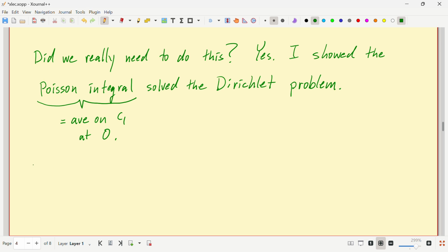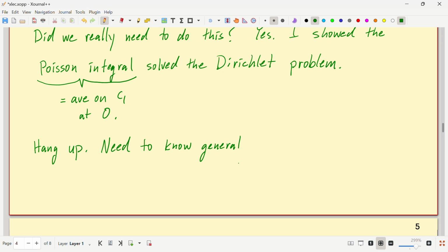So the hang-up is that I need to know a general harmonic function satisfies the averaging property, so I can use the maximum principle to show uniqueness of the solution to the Dirichlet problem.